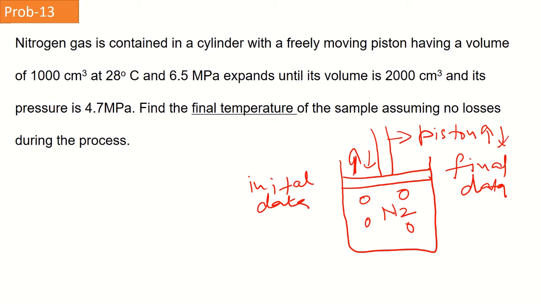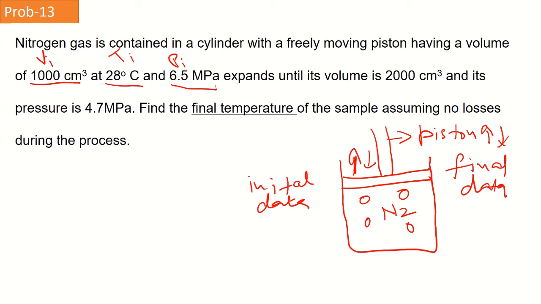So the nitrogen gas is contained in a cylinder with a freely moving piston, having a volume. This is the initial volume because it comes first, at 28 degrees centigrade, which is the initial temperature of the gas, and 6.5 megapascal, the unit for pressure, is the initial pressure of the gas.